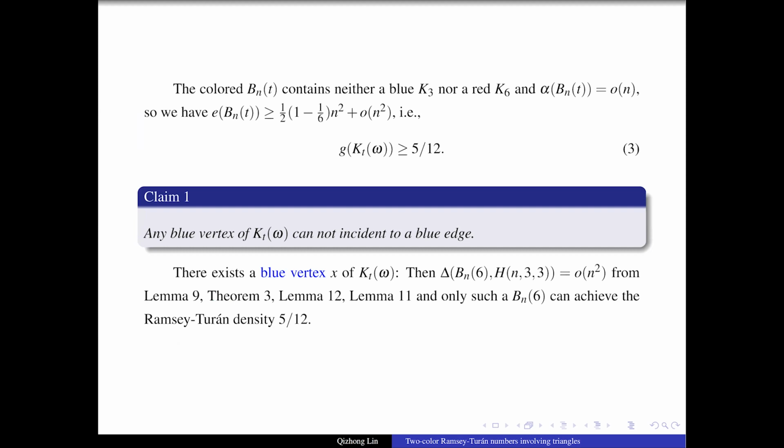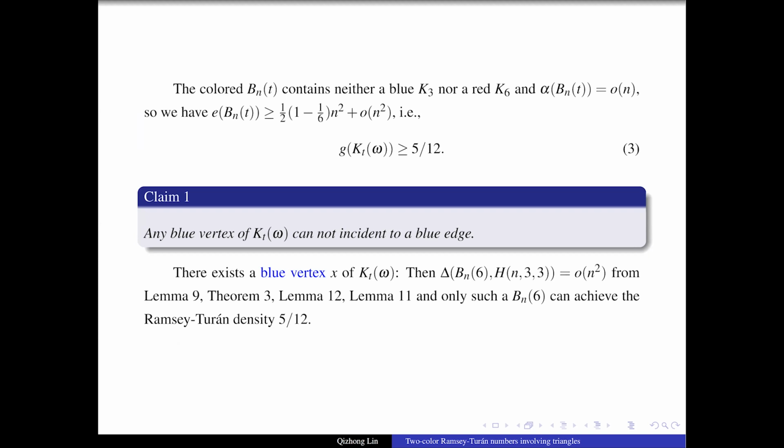Otherwise, we can find a blue triangle. Here, we ask that the colored generalized Balabas-Erdős graph contains neither a blue K3 nor a red K6. So we shall separate the proof mainly into two cases.